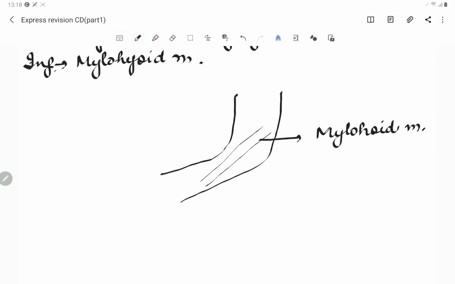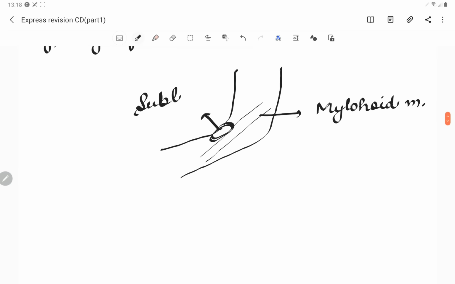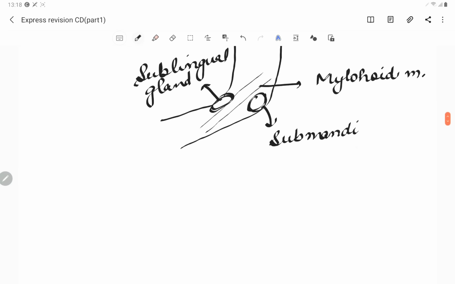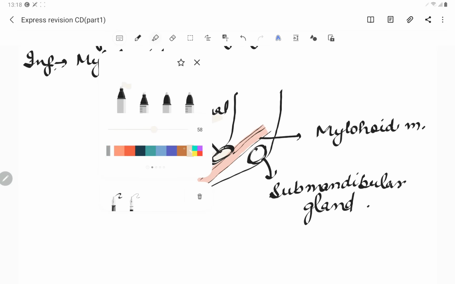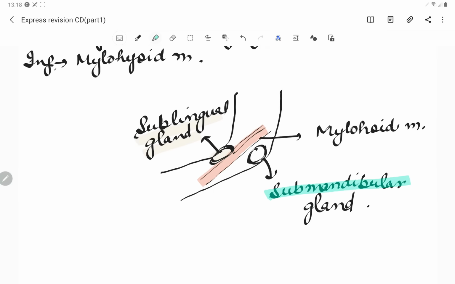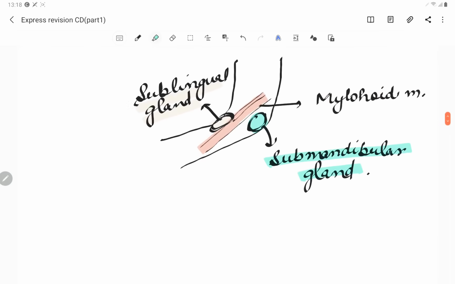Above the mylohyoid muscle we have got the sublingual gland, and below the mylohyoid muscle we have the submandibular gland, right?